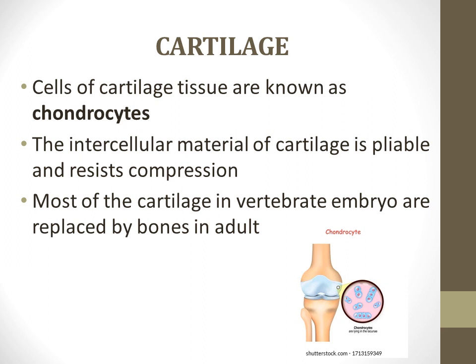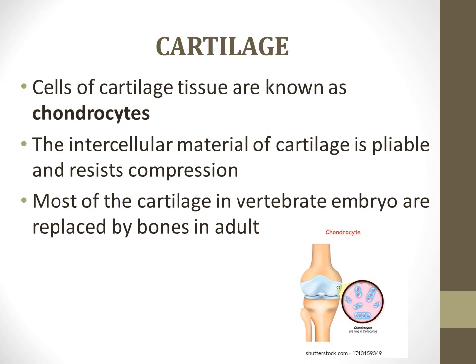You know already, a group of cells forms a tissue, and a group of tissues forms an organ, right? Here this cartilage tissue is forming an organ known as bone. So the name of the cells present in this cartilage tissue is chondrocytes.